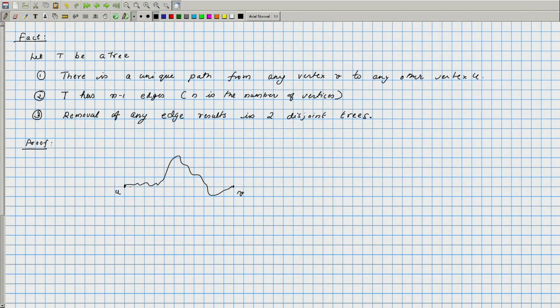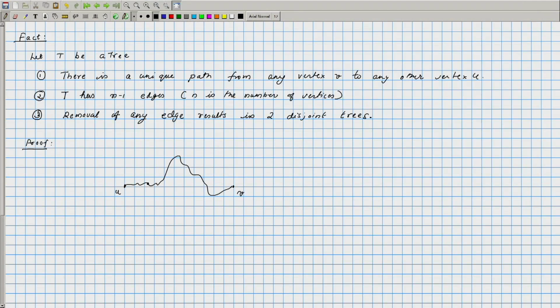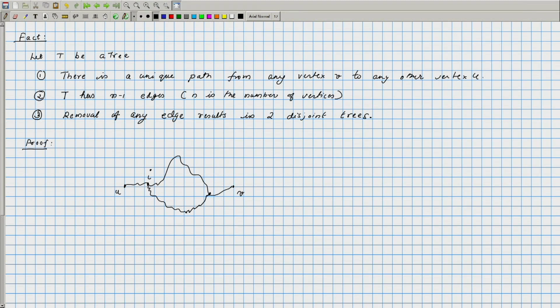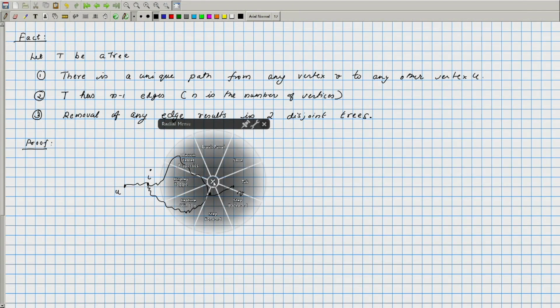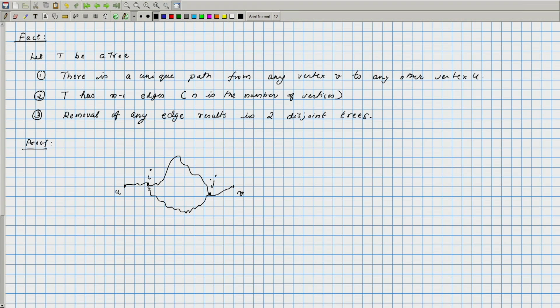These paths start at the same vertex and end at the same vertex. So, clearly there is some place at which these paths diverge. Let us say this is a point at which they diverge, and then of course, they will come together at some place. If you call this first point I, then there is surely a first point after I where they come together, because surely they come together at V. The first place where they come together, let us call J.